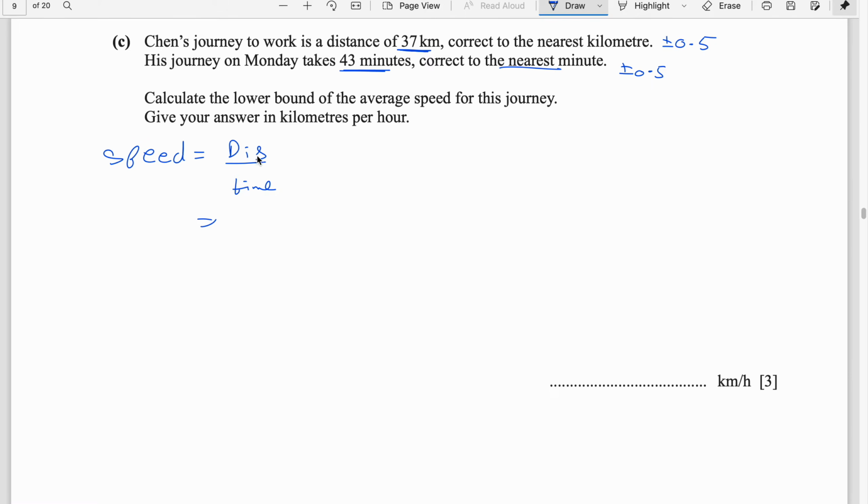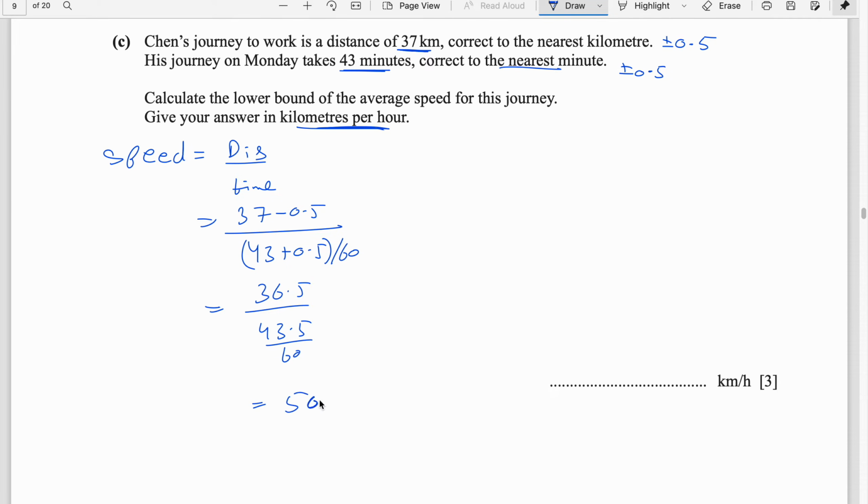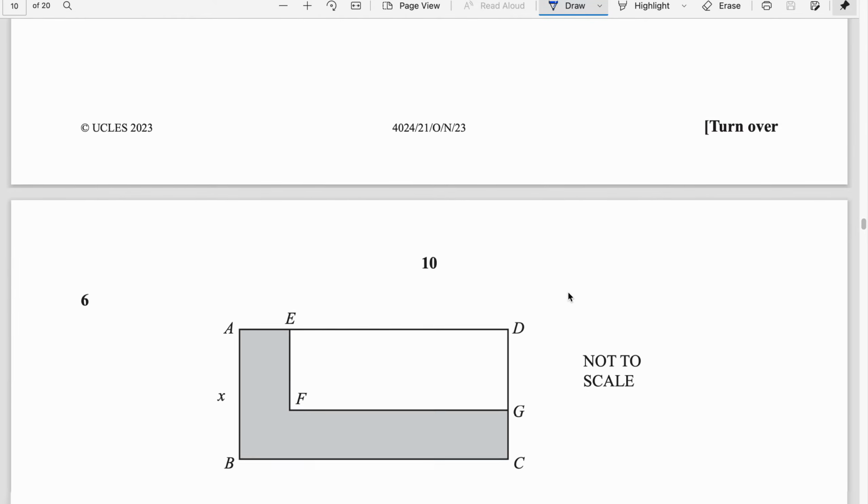In order to find the lower bound, distance has to be the smaller one, that is 37 minus 0.5, and time has to be the greater one, 43 plus 0.5. 36.5, 43.5, and to mention it is in kilometers per hour. So we divide the time by 60 and get 50.344, approximately equal to 50.3 kilometers per hour.